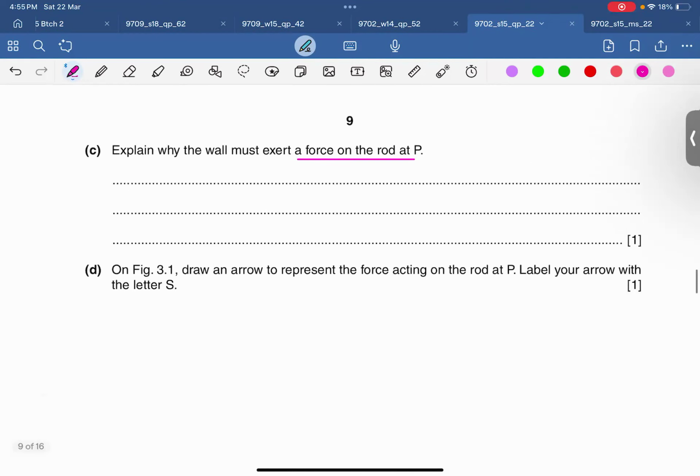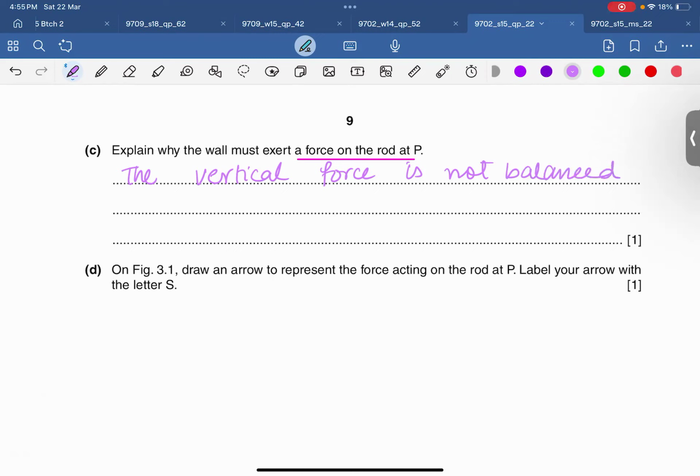सो वी कैन से दैट कि भाई the vertical force is not balanced, okay, and horizontal force is not balanced.